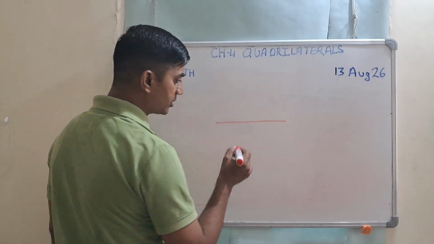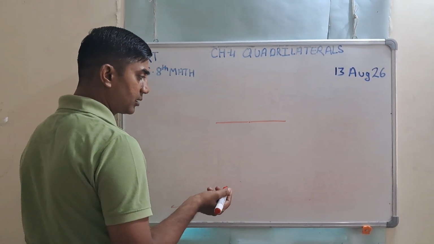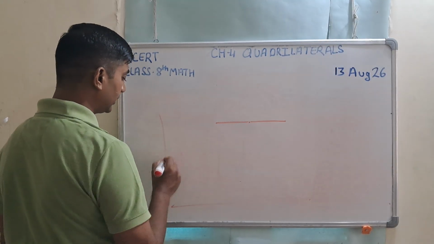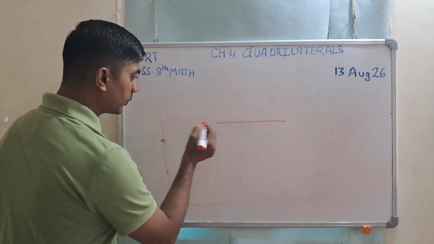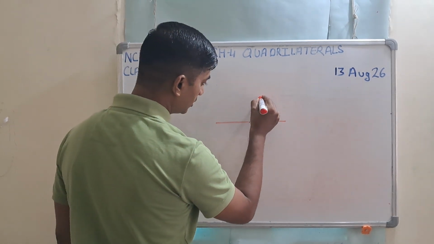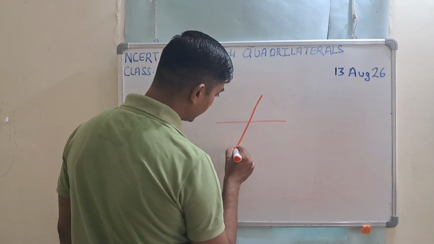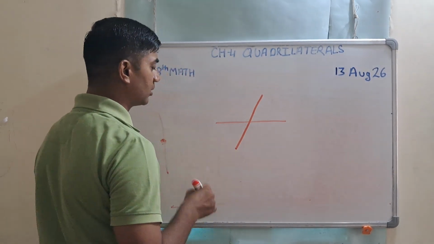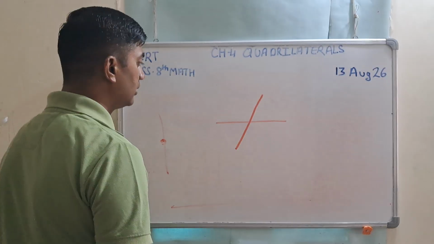Find the midpoint of this, suppose this is the midpoint, and the other stick, this is the other stick, and you also find the midpoint and you place this midpoint over this, at any angle.